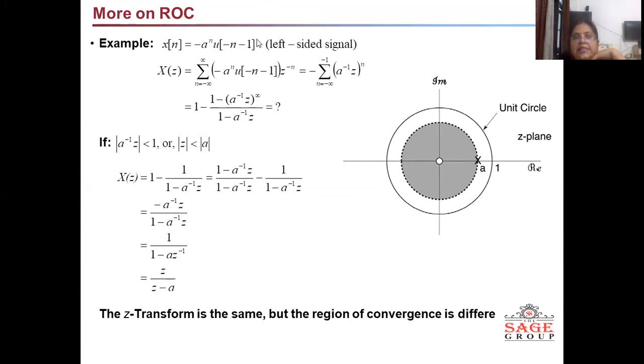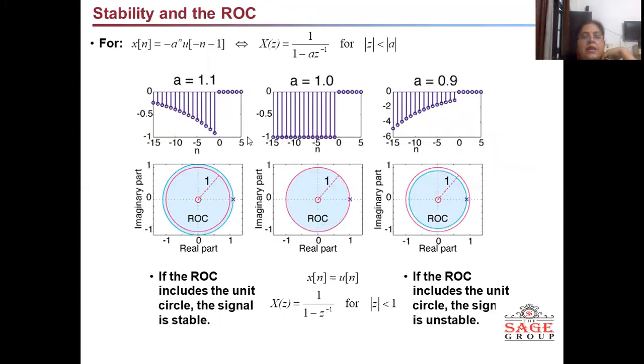Sometimes two signals are the same, but the ROC differentiates the two signals. In this case, again we take different values of a: more than 1, equal to 1, and less than 1.